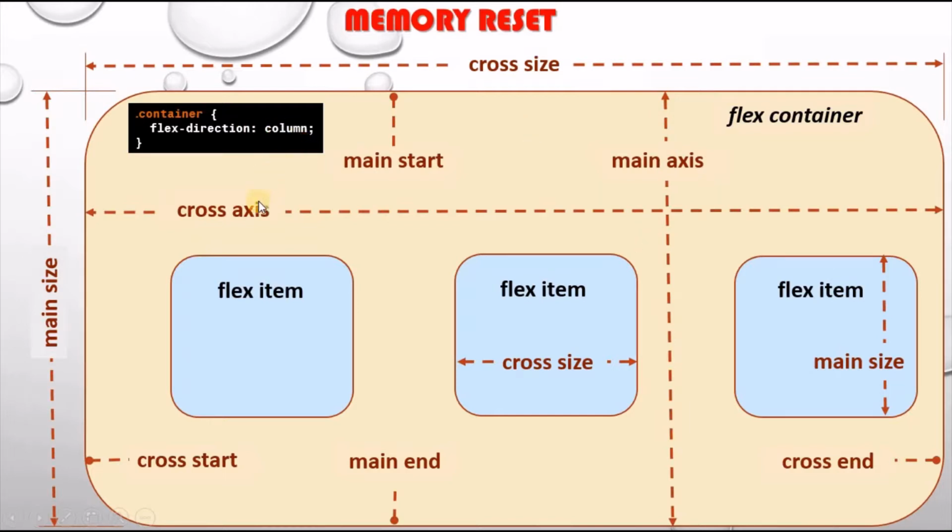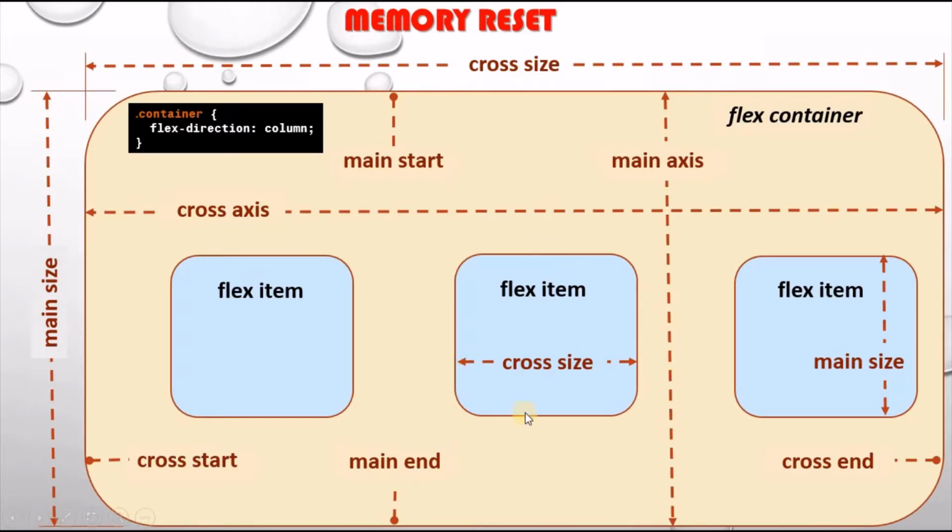And our cross axis is now this one, which is perpendicular to the main axis. Right? Our main size is now this one. Speaking of our container, the main size is now this one. We don't speak of height anymore, but it's the main size. And here our cross size is now this one.